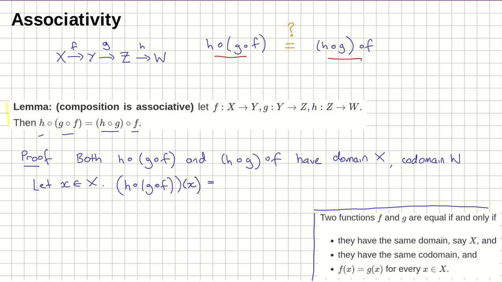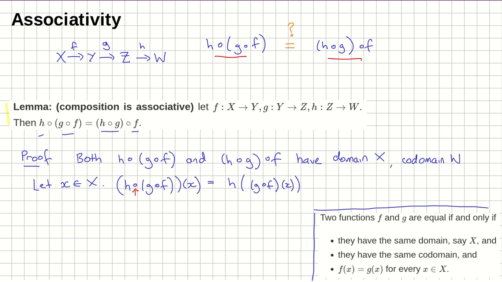Well, we have to use the definition of composition. So the definition of composition applied to this composition here tells us that we obtain the output by doing h applied to g composed with f applied to x.